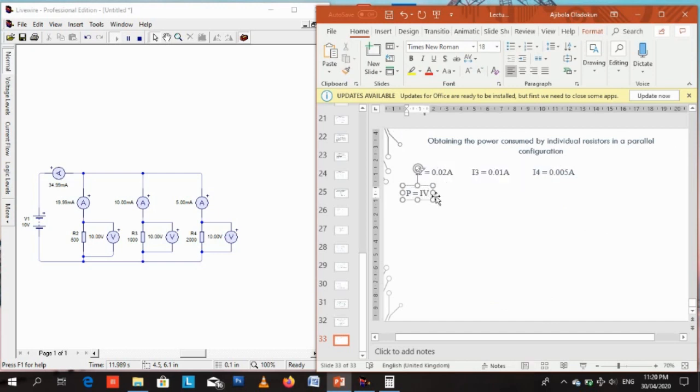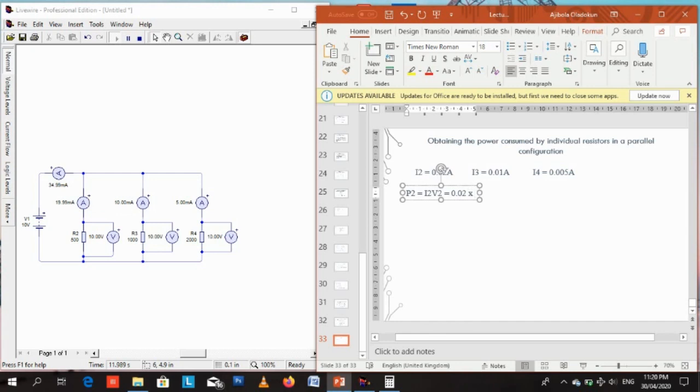Remember that P equals IV. Now we want to get the power consumed by each resistor. We verified that P equals IV, power equals voltage times current. So P2, which is the power consumed by resistor R2, is I2 multiplied by V2. The current through R2 is 19.99 milliamps, which is about 20 milliamps, which is 0.02 amps.